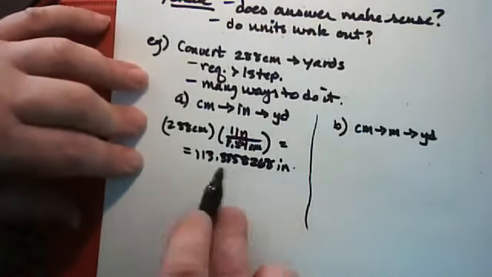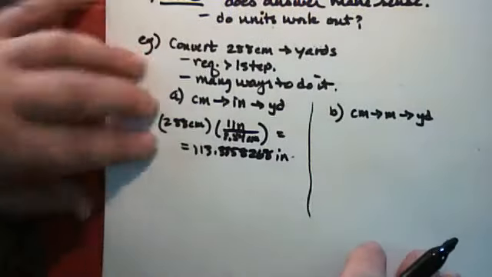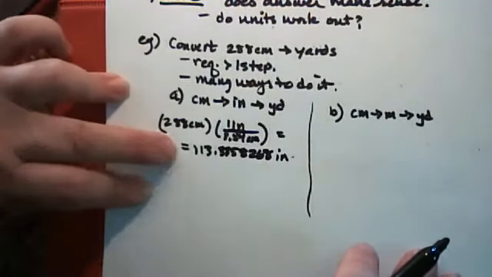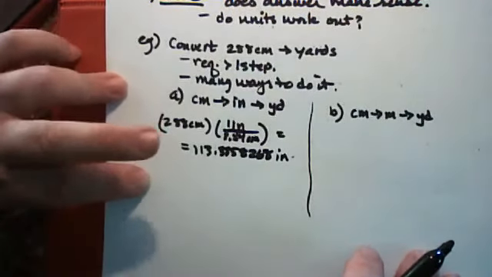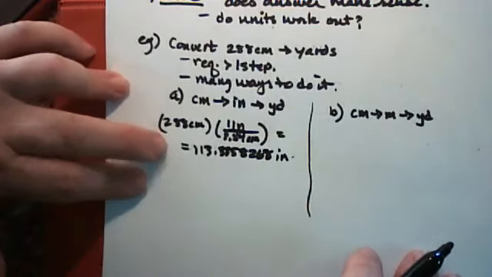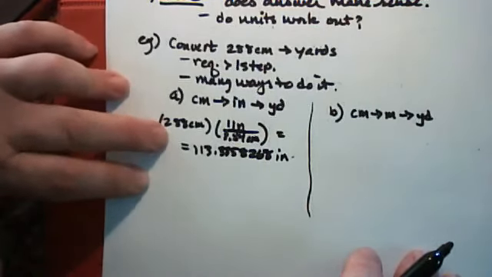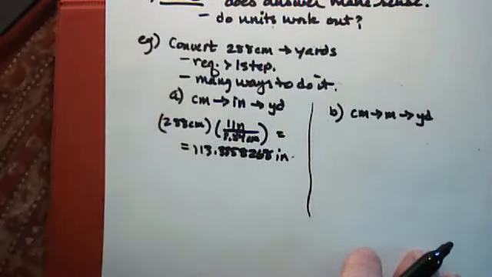Now I'm leaving in a ridiculous number of significant figures in this calculation because we're not done yet. This is what I meant when I said you don't have to round off a number until the final step of a multi-stage calculation. We're not done yet.